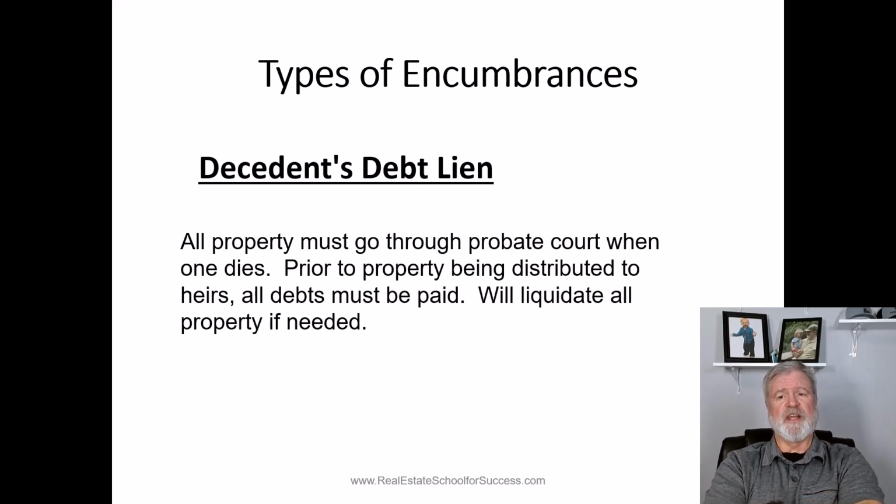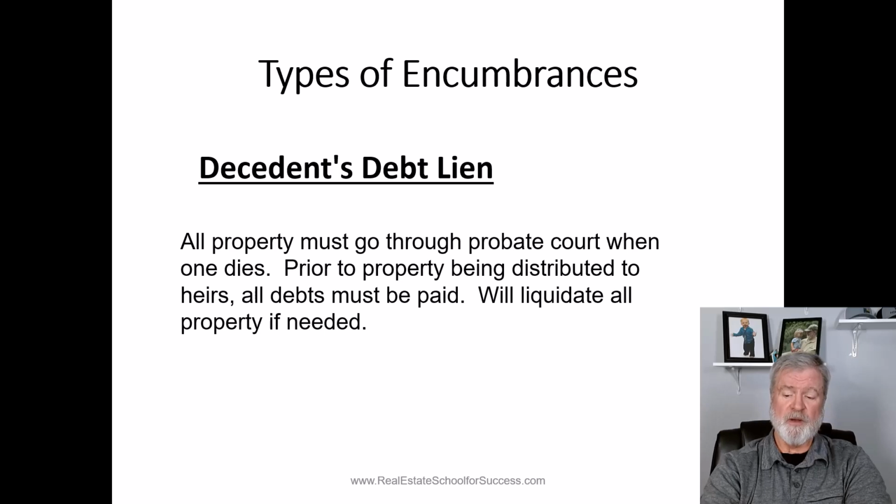But here's one that I don't think very many people really understand or even are aware of, and it's something called a decedent's debt lien. Contrary to popular belief, when you die, your debt does not disappear. It still has to be paid off. So what you better understand is this.